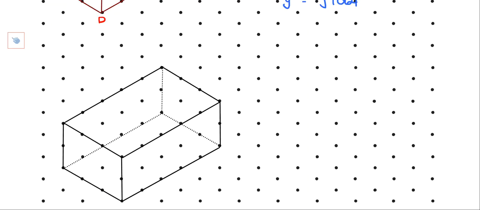So what I want to do, there are various ways to do it. If I want to find this length again, we did it on the top. We could do the same thing underneath. Is there any other way that we could do it? What about this? Is that triangle right angled?